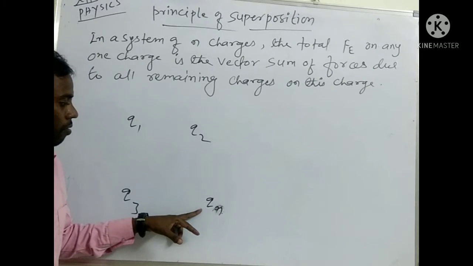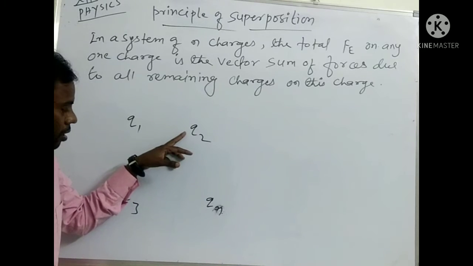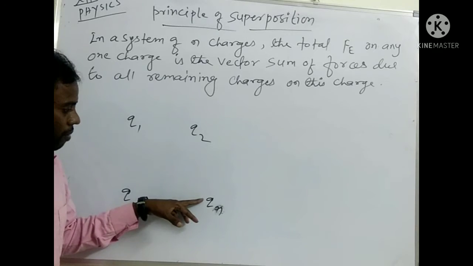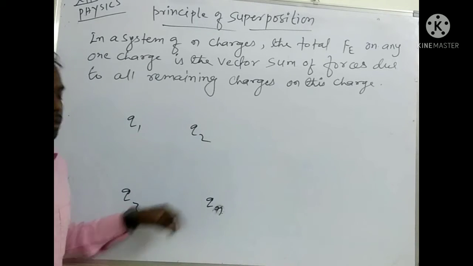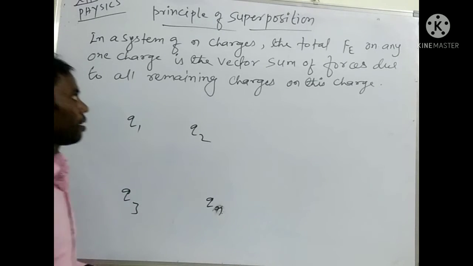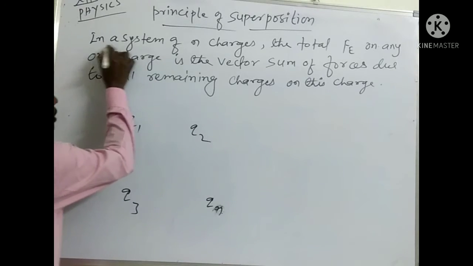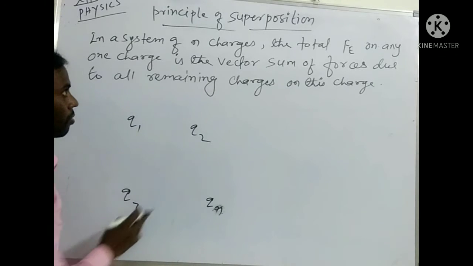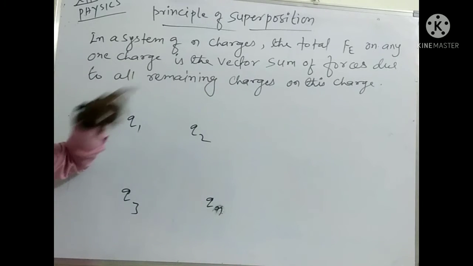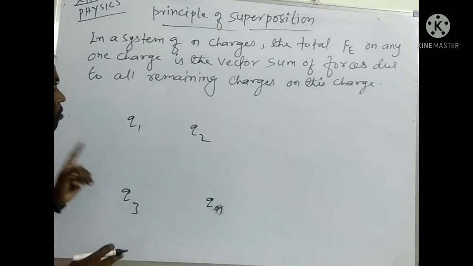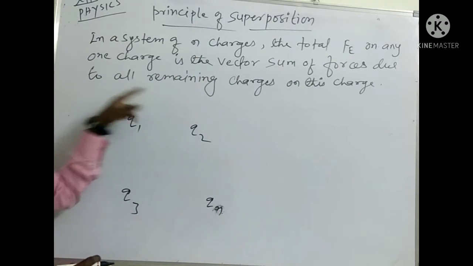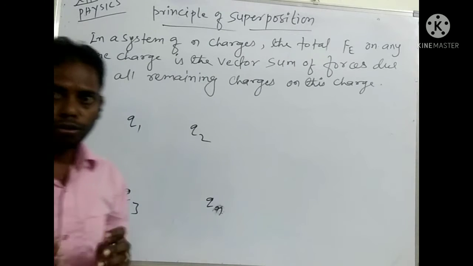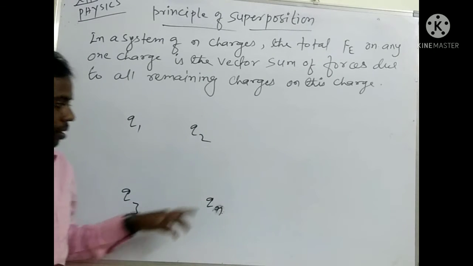Then the vector sum of forces: this force will be added over here, this force also will be added, and this force also will be added, right? That means in a system of n charges, the total electrostatic force on any one charge is the vector sum of forces due to all remaining charges. Suppose we can assume any one charge.